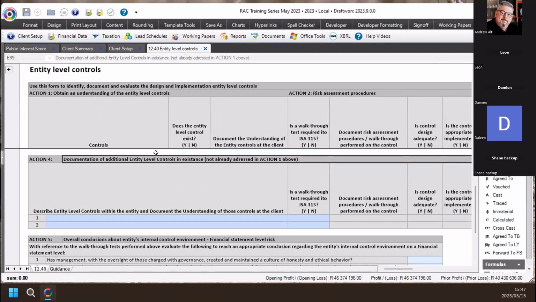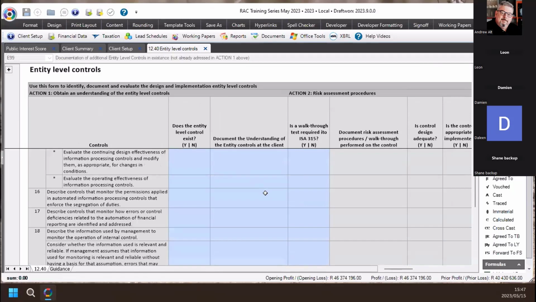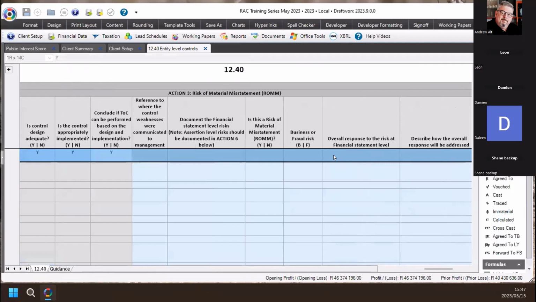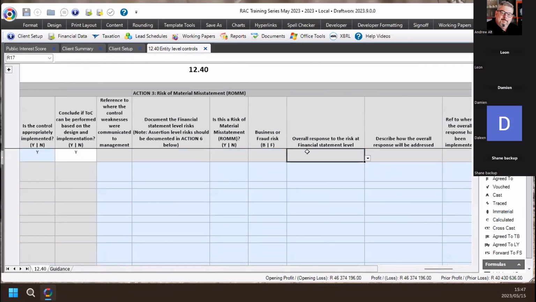If you find additional risks, now, because we're dealing with entity level controls here, we don't see these risks as being generic or general assertion level risks. We see any risks that you raise in this document as overall financial statement level risks.